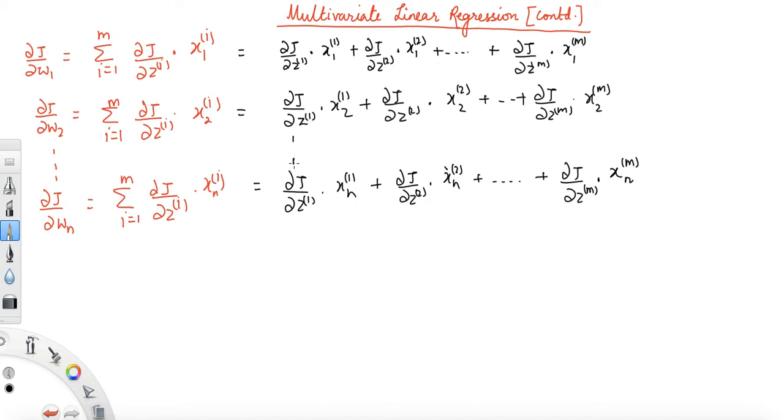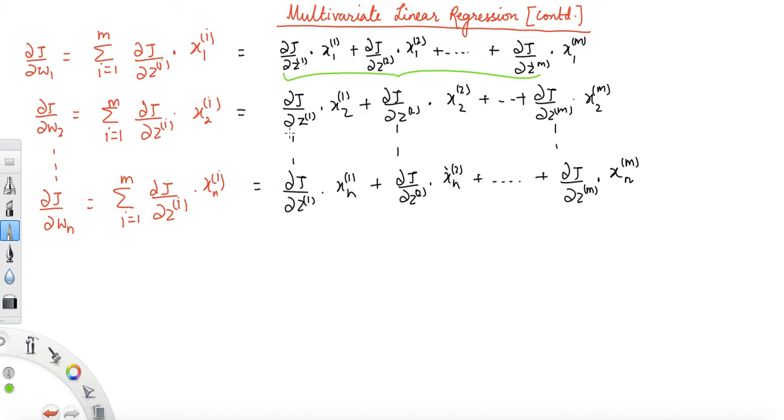Now, what exactly is this thing? We can think of this term as a row vector multiplied with a column vector, right?